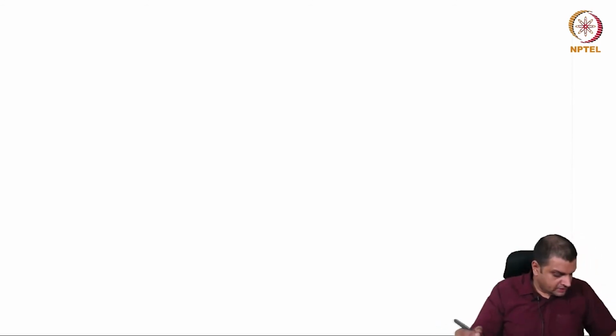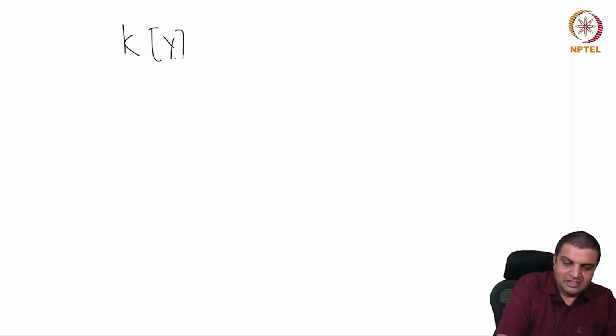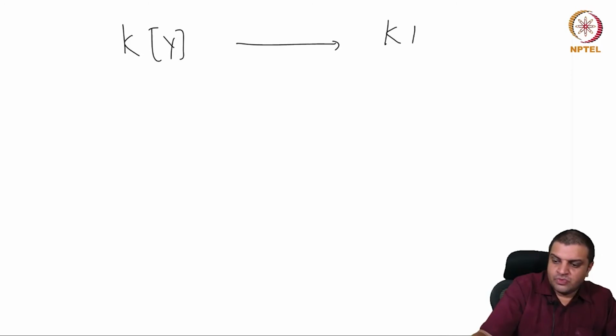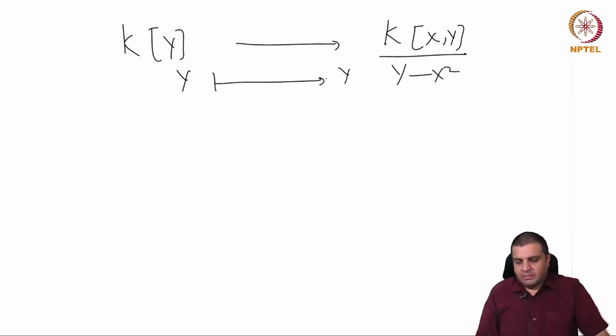Now let's do the same thing for the y-axis, where the picture is slightly different. To keep the picture in our mind, I will change the orientation of the diagram. So now let me write Ky to Kxy modulo y minus x squared, and the map is y goes to y, just the natural map.